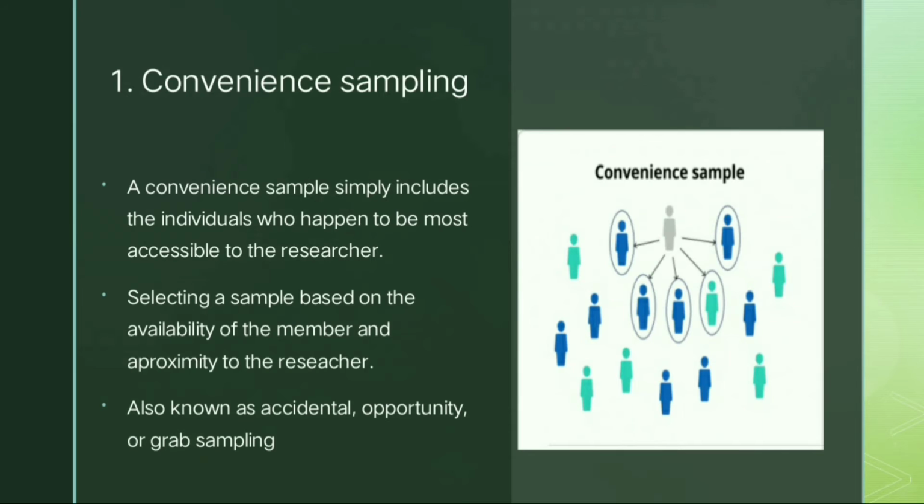A convenience sample simply includes the individuals who happen to be most accessible to the researcher, selecting a sample based on the availability of the members and the proximity to the researcher. So, dito daw sa convenience sampling, pumipili tayo ng sample based on the availability ng member at proximity ng researcher.